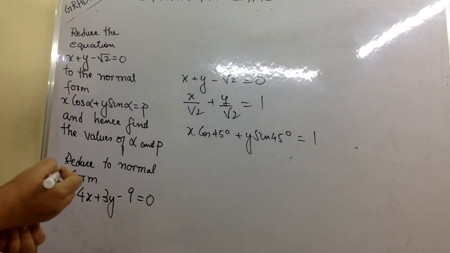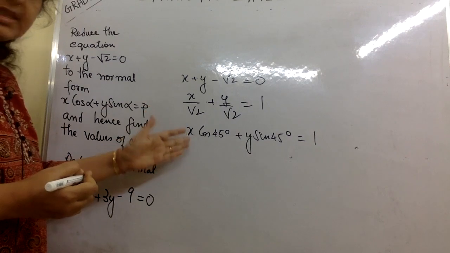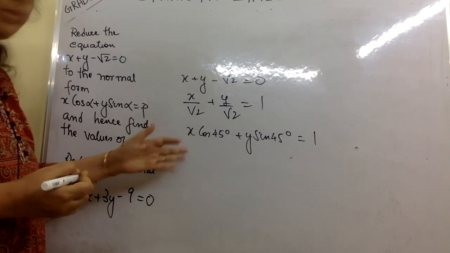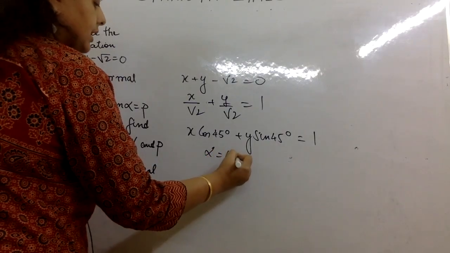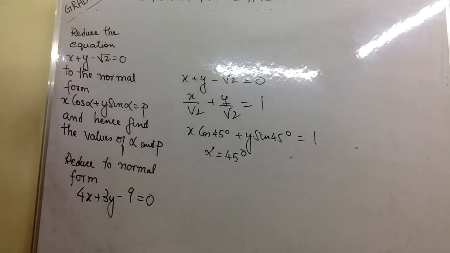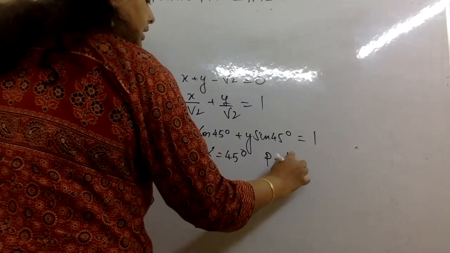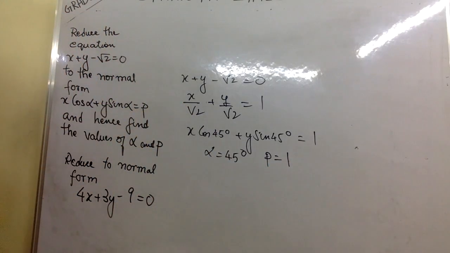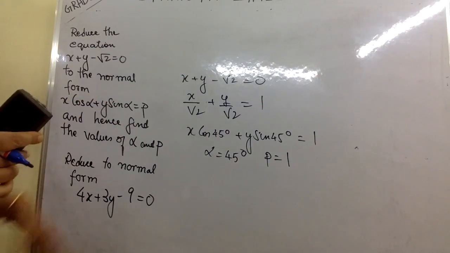Now this is the normal form. Okay, so alpha is equal to 45 degree. And hence find the values of alpha and of p. So let's find p also. p is equal to 1. Okay, so this is one nice question for convert to normal form and then find alpha and p.